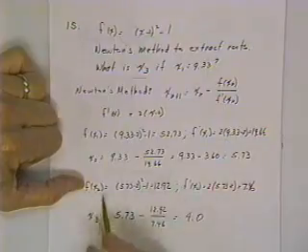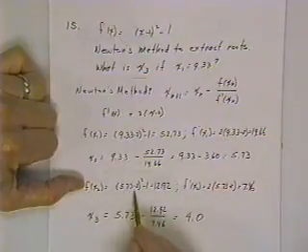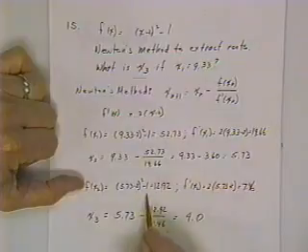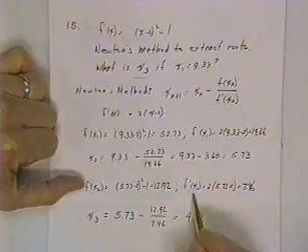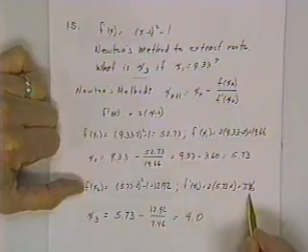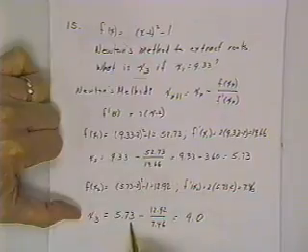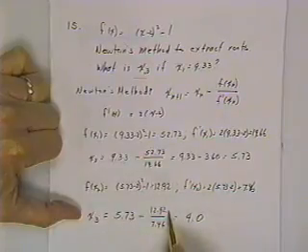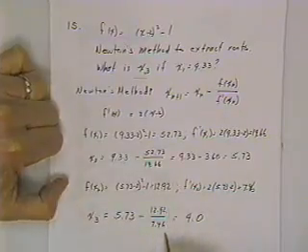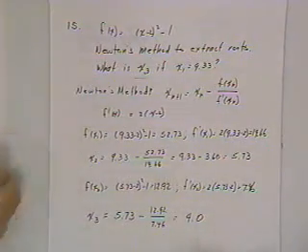F of x2, 5.73 minus 2, quantity squared, minus 1 gives you 12.92. F prime comes out to be 7.46. X3 comes out to be 5.73 minus 12.92 divided by 7.46, which is 4.0, and that's one of the listed answers. That runs through the first set of problems in Lüneburg.